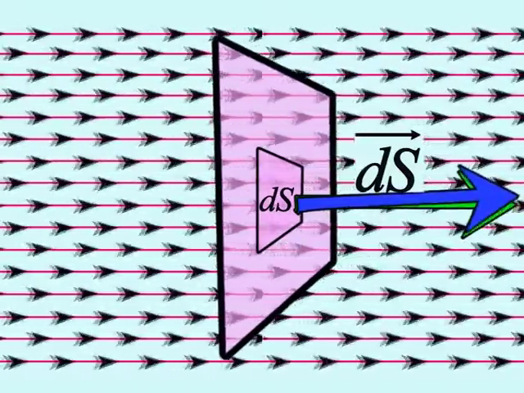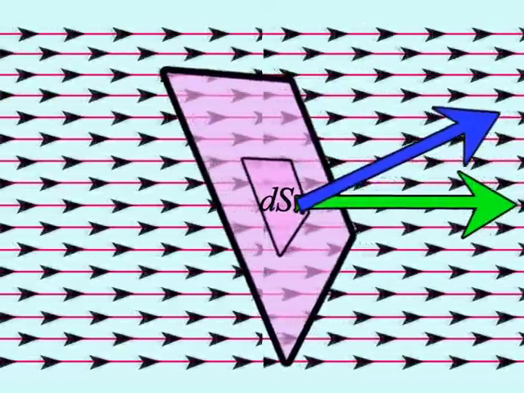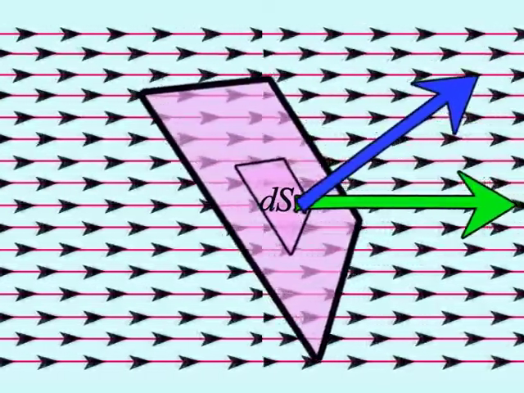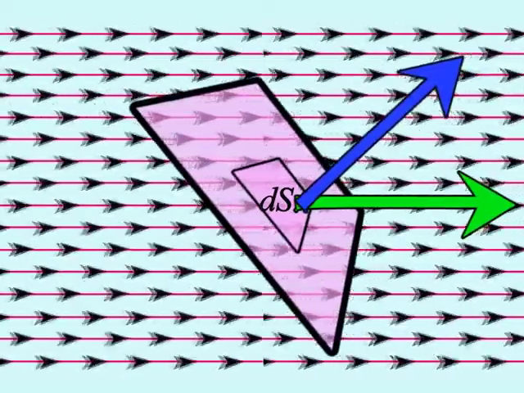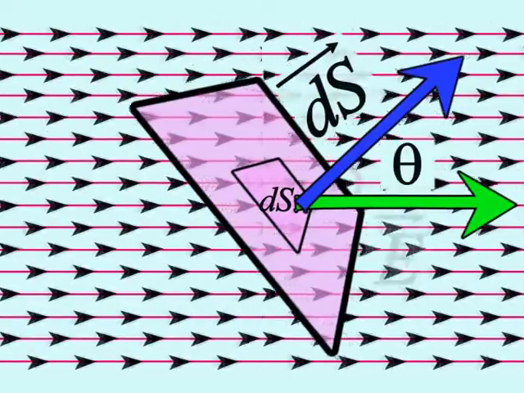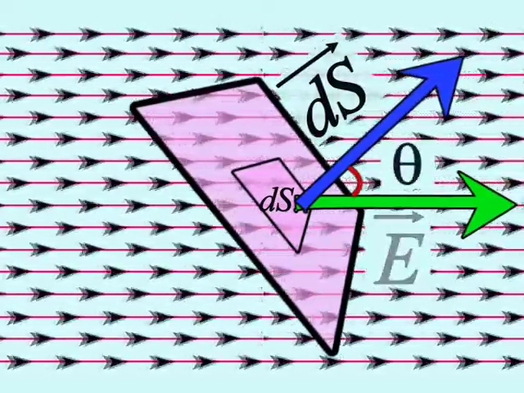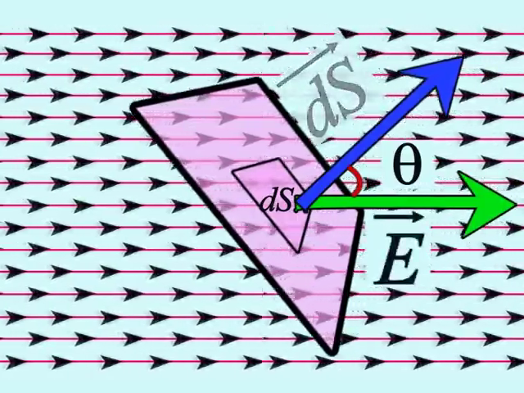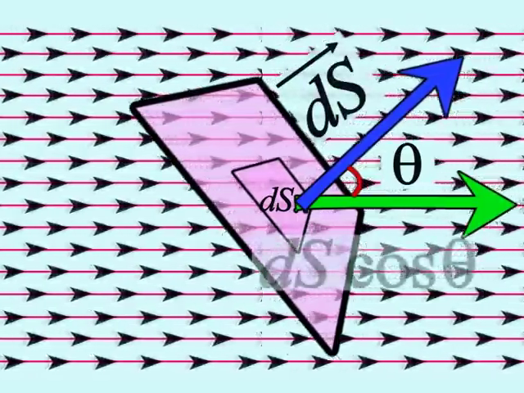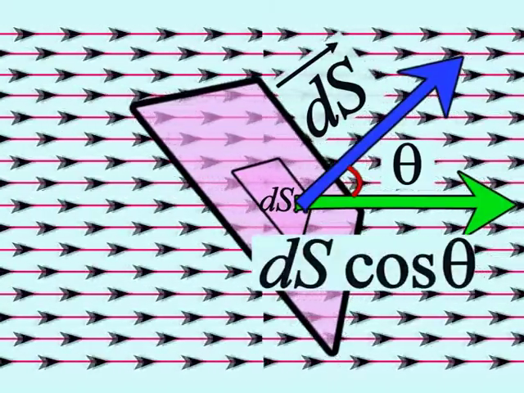As the surface starts rotating about its edge, its elementary part also starts rotating. Let at any instant the area vector dS make an angle theta with the electric field vector E. Thus, dS cos theta is along the electric lines of force.